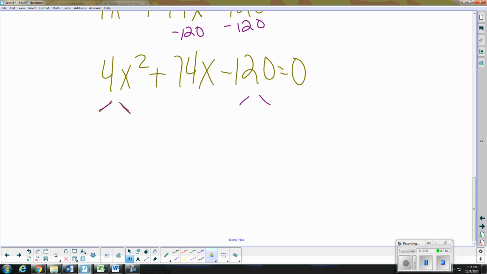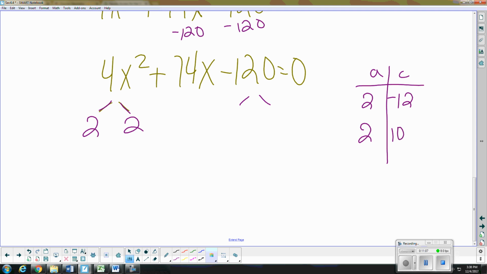So let's try a couple different things. Factors of 4 are 2 and 2, and we want something that adds up to 74. So here's our A terms, here's our C terms. So we could have 2 and 2 here, and then, I don't know, just for practice, we could do negative 12 and 10.